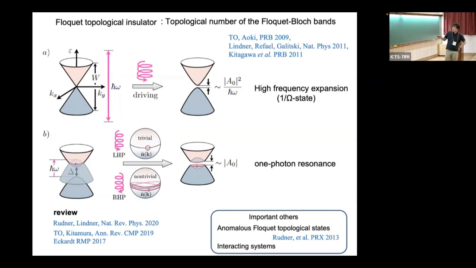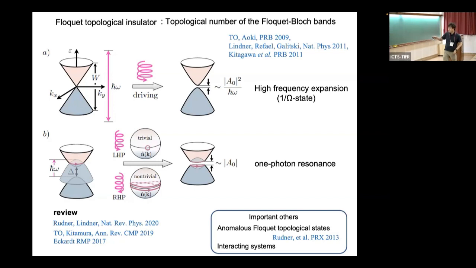Actually, at a very similar time, these people in the second paper proposed a different type of realization. They consider the original band, the red or pink one, and the blue one. They study the situation where the blue one has a photo-induced copy up here, and then there's a gap opening between this photon-absorbed replica band and the original band.